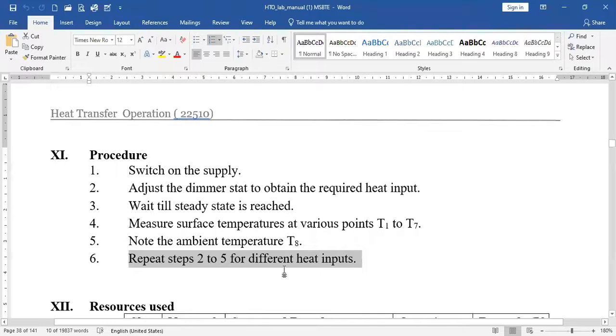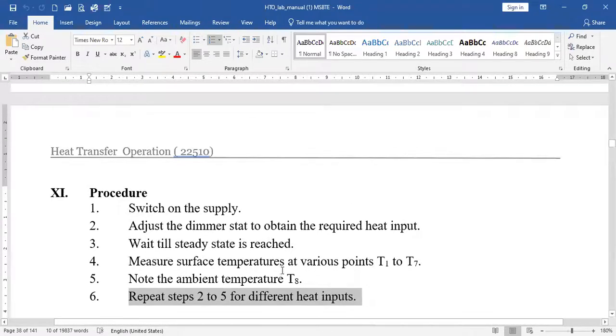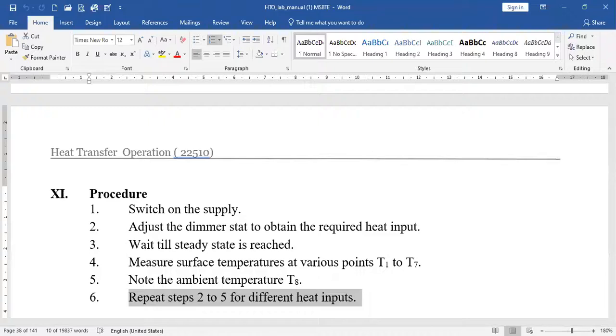So if you want to change the voltage and observe the different temperatures, then we can use steps 2 to 5 repeatedly for various voltage inputs, right? Now we will check what exactly the apparatus is.